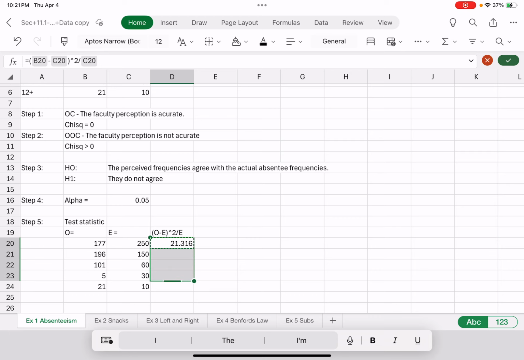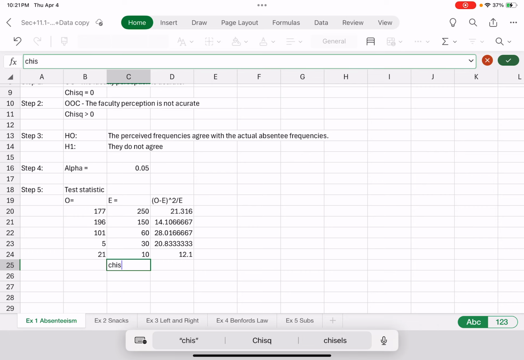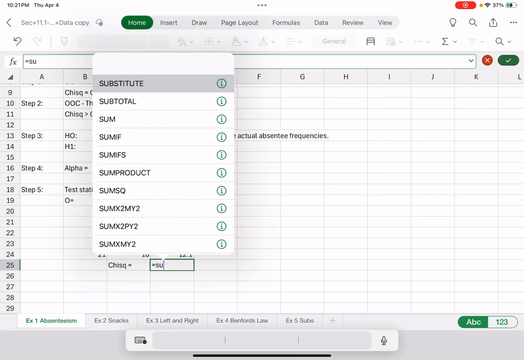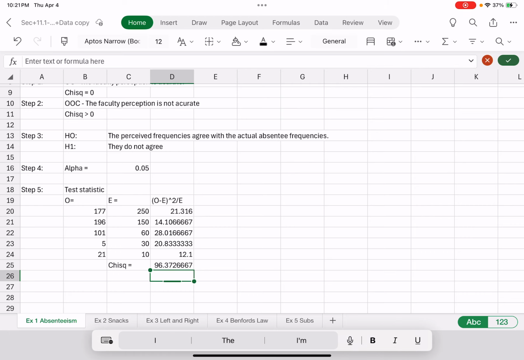Shift, down, Command V, paste. And this is going to be the test statistic. So I'm going to say chi-squared equals this, and this is going to equal the sum. So I summed up for each outcome. All right, enter.